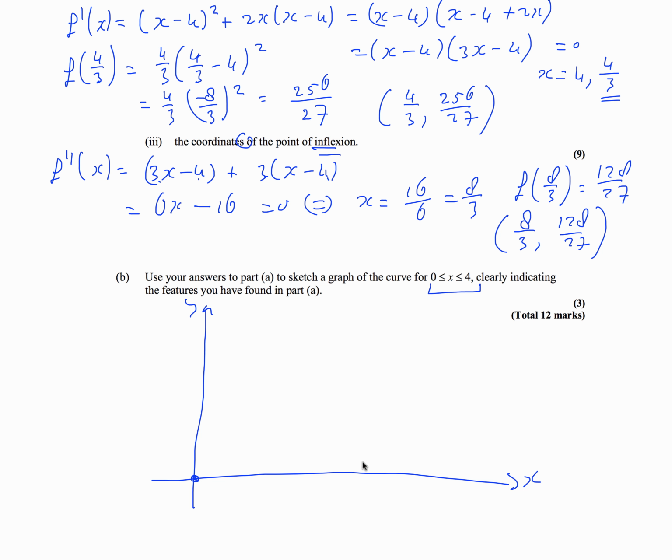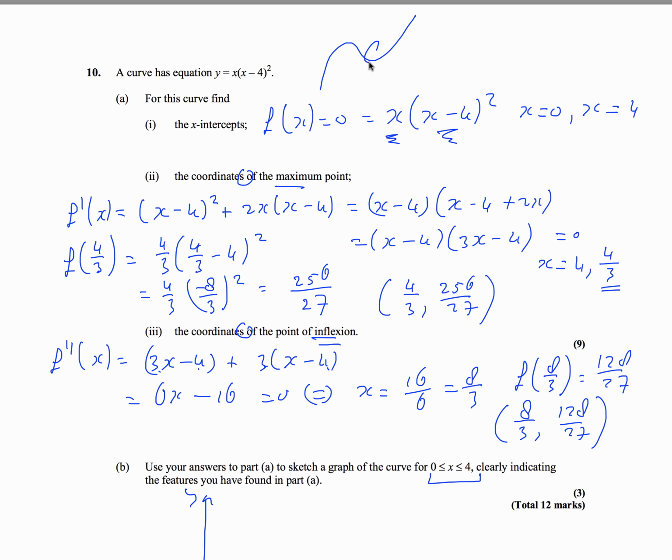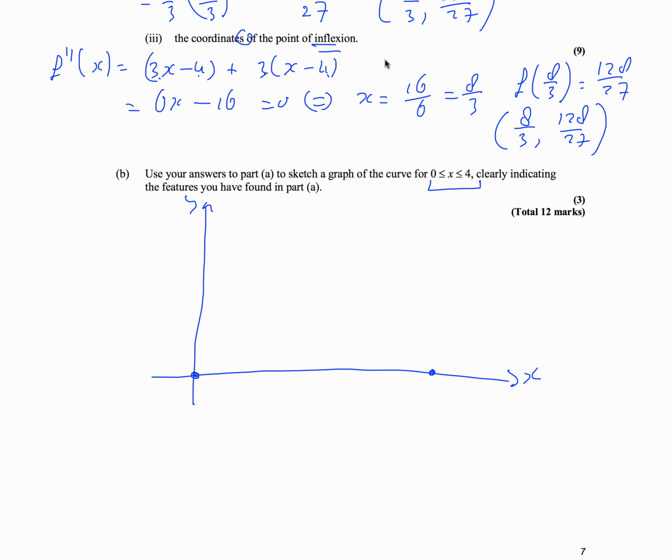So I've got a 0 over there. I've got a 0 over there. Actually, I know what interesting 0 that is, right? So that's the one over there. So it is not symmetric. So I'm going up. Then I have a maximum, and then I change concavity.